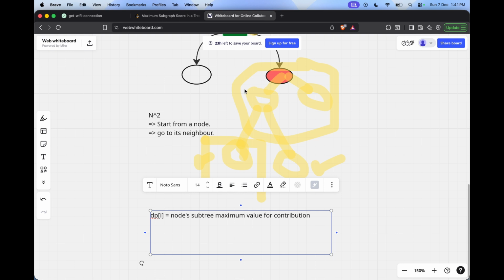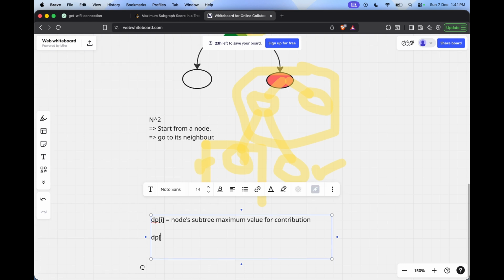Now, for a given node, go to all of its children, not its parent. How to calculate this DP of I? I'm stating the recurrence relation. For all its children, take the sum of max of 0 comma DP of child.